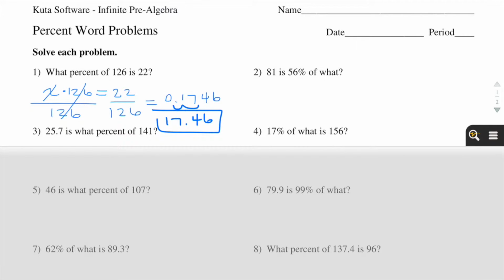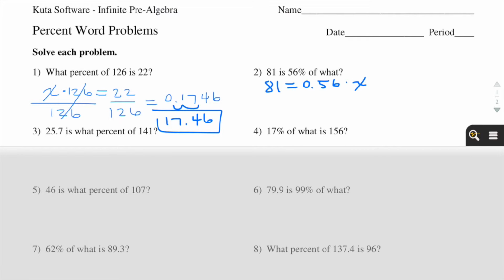Number 2, same thing. 81 is 56%. So to convert a percent to a decimal, we just move the percent over to the left 2 times and can just put a decimal, get rid of the percent, so it becomes 0.56 of what? Again, of is times, what is x?